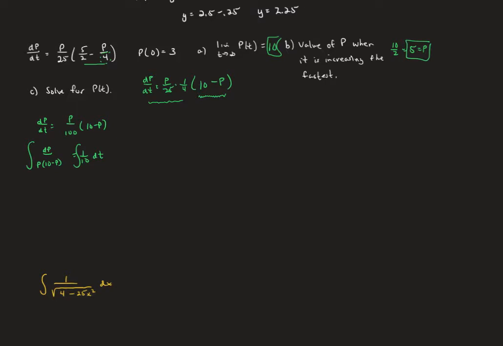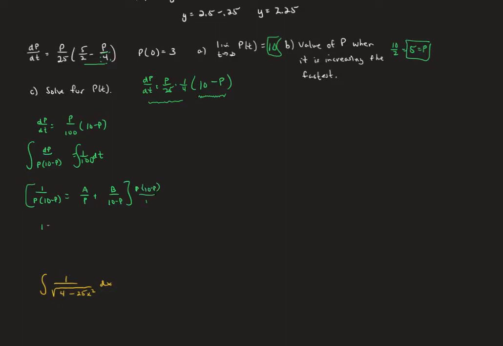So on that left side, I think that should be a 100th. Sorry about that. On the left side, we get a partial fractions integral. So our 1 over P times 10 minus P is going to be A over P plus B over 10 minus P. We'll multiply through by the least common denominator.